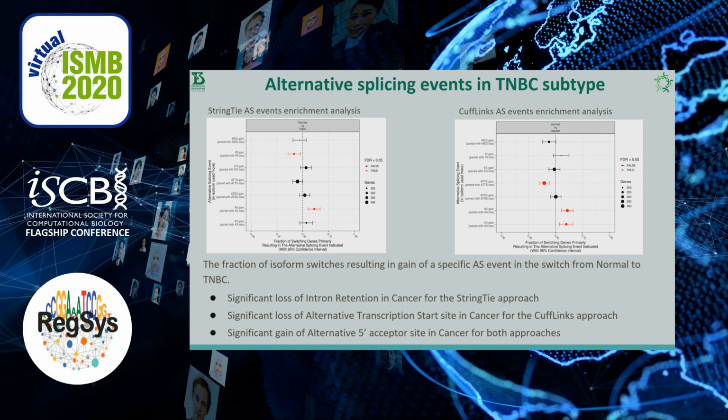In summary, we can see that there is a significant loss of intron retention in cancer for the StringTie approach, a significant loss of alternative transcription start site in cancer for the Cufflinks approach, and a significant gain of alternative 5' acceptor site in cancer for both approaches. So both results are pretty similar.